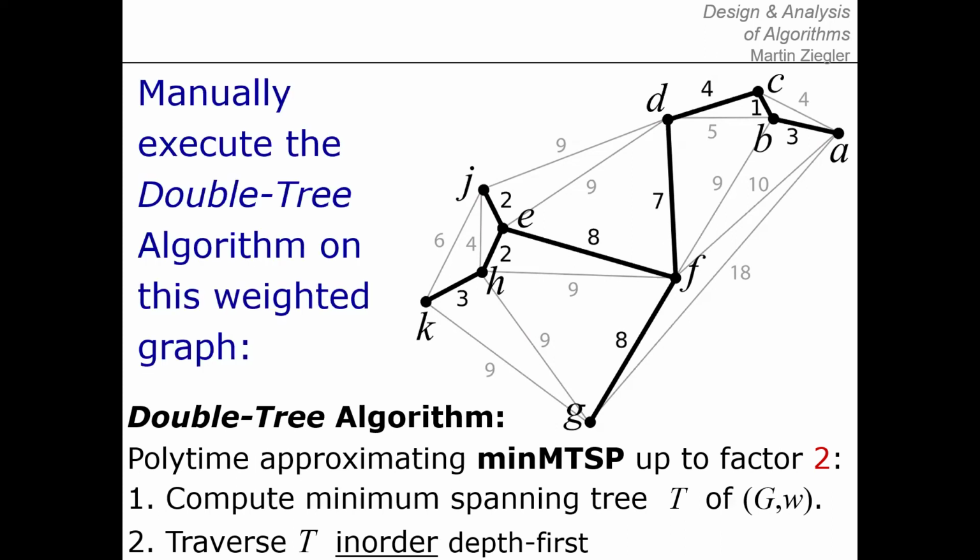So the mini quiz would have been to execute the double tree algorithm on this weighted graph by performing the in-order depth traversal on this minimum spanning tree with the shortcuts to avoid visiting edges or vertices twice. But in view of the time, this is not going to be a mini quiz, but instead this is your homework, part of your homework assignment number 6.